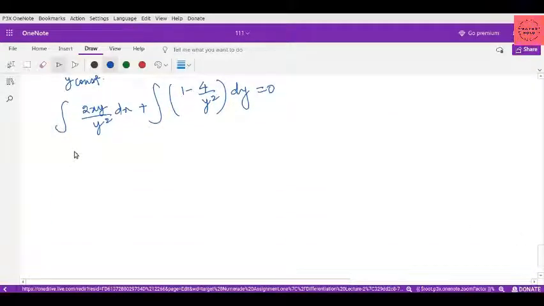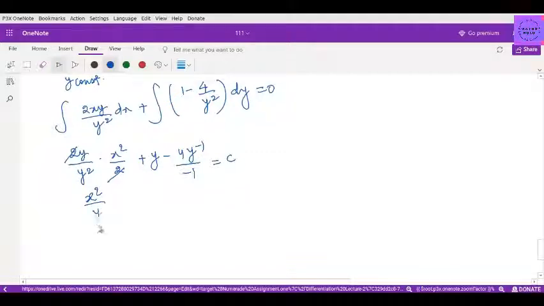So this becomes 2y upon y square into x square upon 2 plus y minus 4 y to the power minus 1 upon minus 1 equals c. Now we have x square upon y plus y plus 4 upon y, which is equal to c.